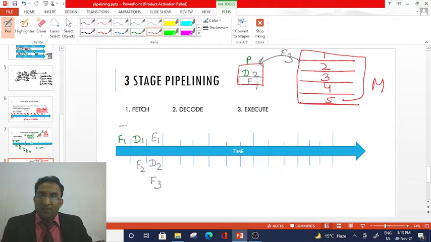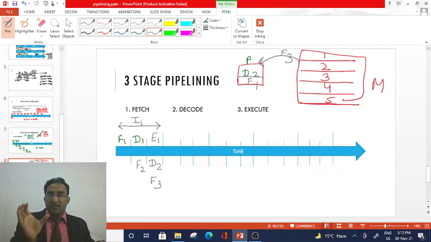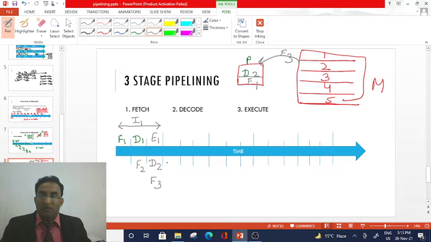Now the first instruction takes a complete 3 cycles. This is the first cycle, second cycle, third cycle. In the fourth cycle, execution of the second instruction will begin and decoding of the third instruction will begin. At the same time, the fourth instruction will be fetched.